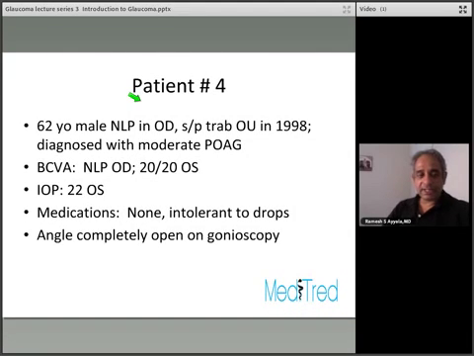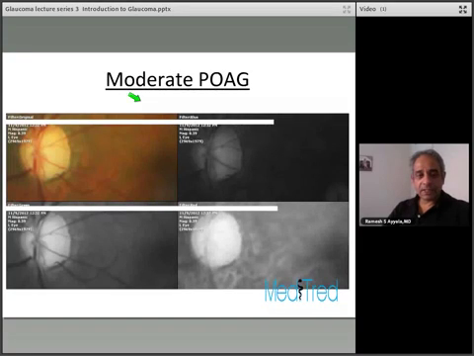So here is an example of that. Here is a patient who is NLP in the right eye, status post strabismus surgery in 1988, diagnosed with moderate primary open-angle glaucoma in his left eye. Intraocular pressure in the left eye at presentation was 42. Medications none. Intolerant to a lot of drops. Angle completely open on gonioscopy. And here is his left eye optic nerve head appearance.